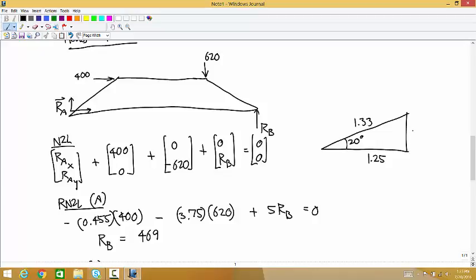And then this one is 1.33 times sine of 20. So 1.33 times 0.342. Oh, 0.455. Okay, so that's what we used, right? Yep.